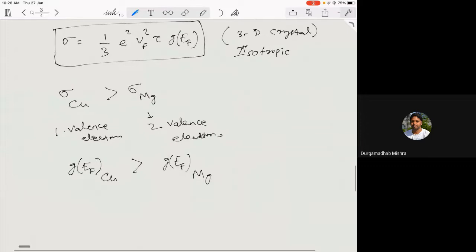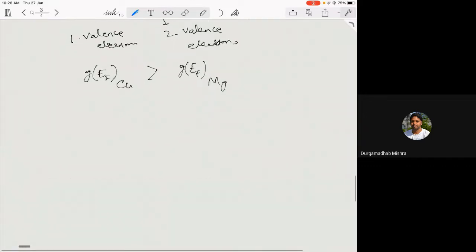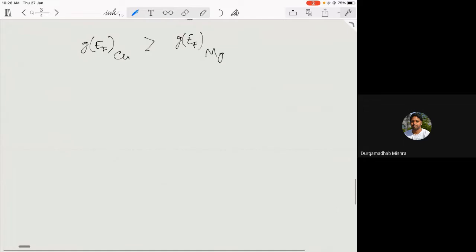Okay, so when we introduce this concept of Fermi level, there are several uses or significance of this Fermi level. One example I will give, which we will also see later on when we discuss semiconductors. So let's take two metals, let's say.